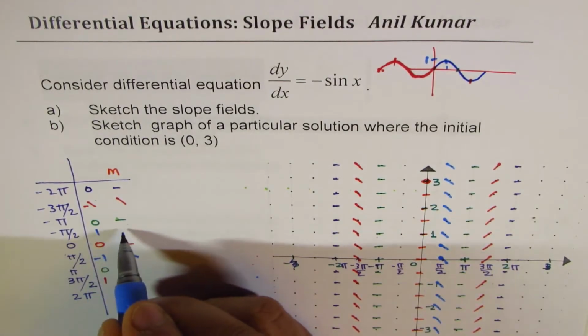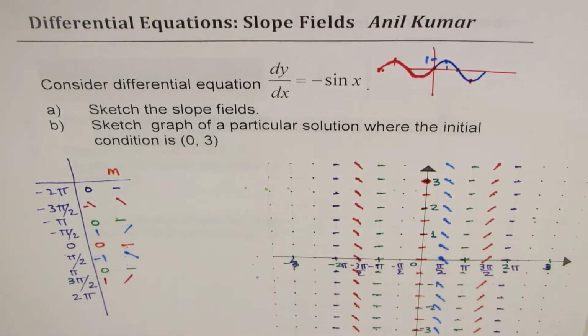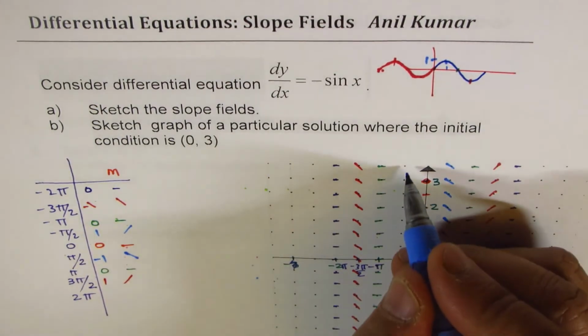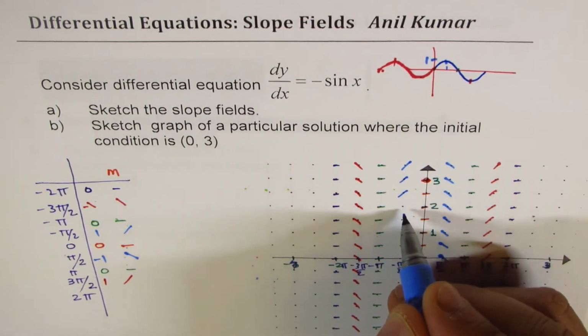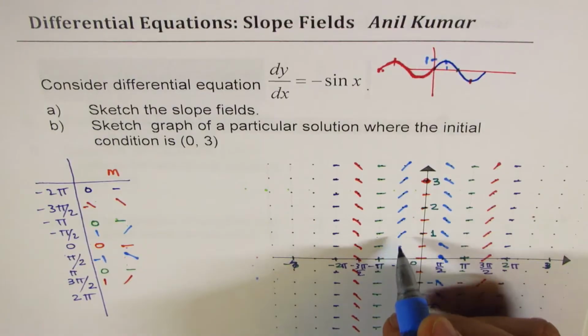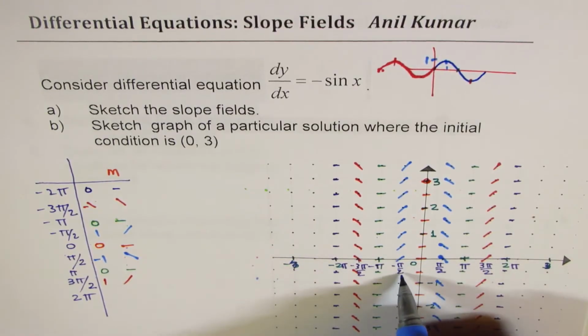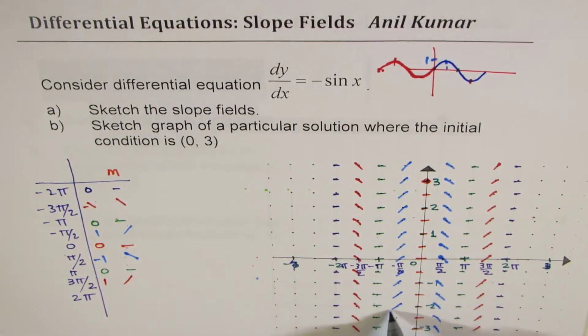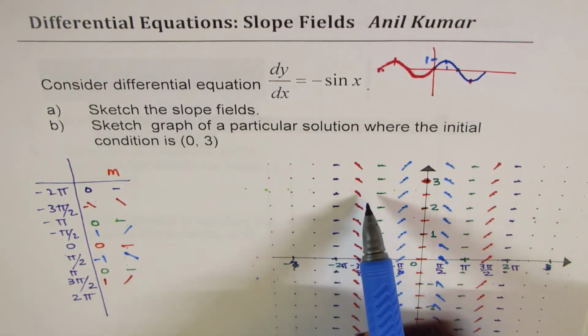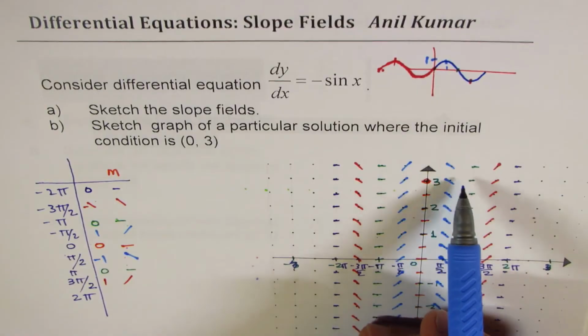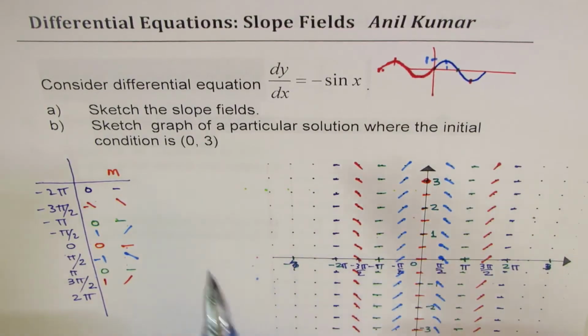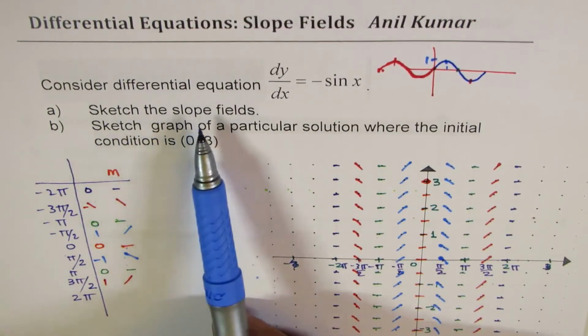So that will be positive 1, and that means like this. So a positive slope of 1, a diagonal short segment, gives you the slope field at minus pi by 2. So that is how we get our field, as you can see here, right? That is how it is. So we have sketched the slope fields.